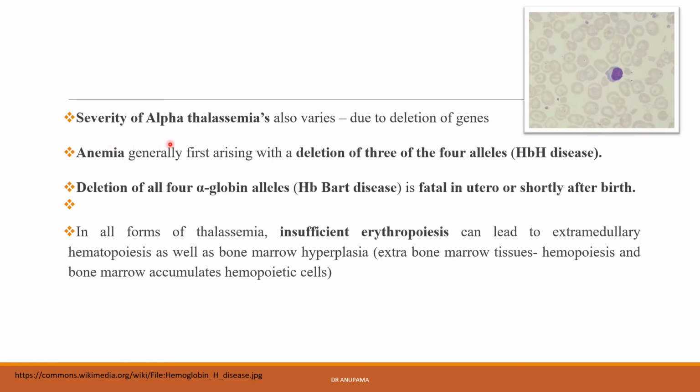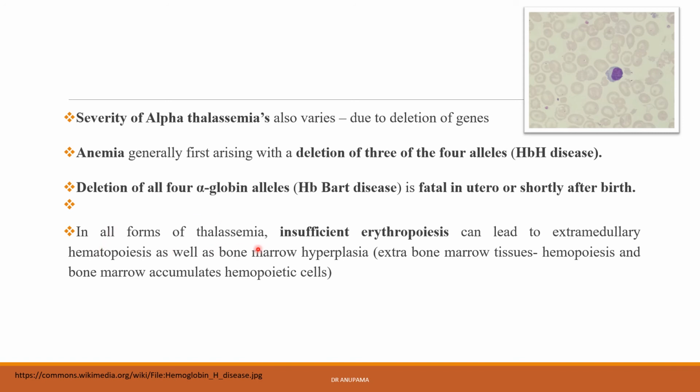Severity in alpha thalassemias also varies due to deletion of genes. Anemia generally first arises with the deletion of 3 of the 4 alleles, and this leads to HbH disease. Deletion of all 4 alpha globin alleles, which is Hb Bart's disease, is fatal in utero or shortly after birth.